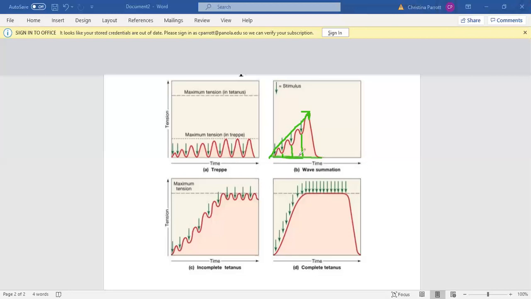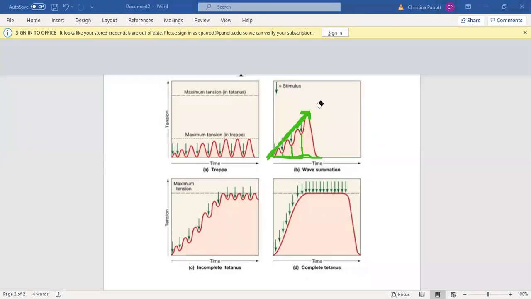So you're not having a complete resting or relaxation phase. So what happens is you add up, okay, you get the sum, adding 1 tension up to the next tension, okay? So that's what a wave summation is.